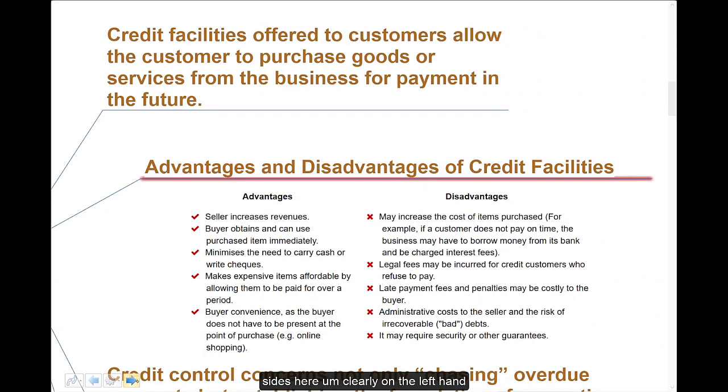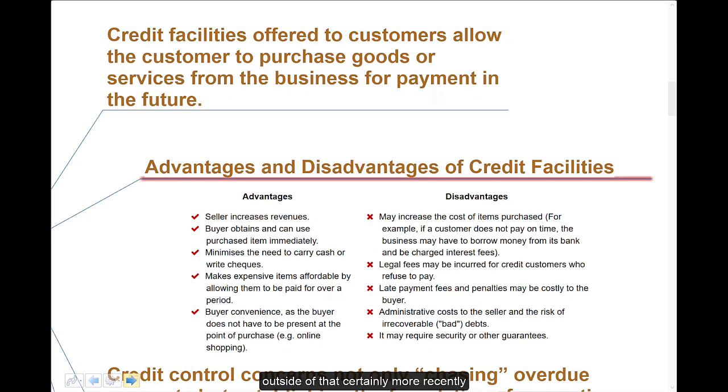Clearly on the left-hand side, if we focus on the advantages, offering credit is highly likely to increase sales. The buyers will more than likely buy more. It minimizes the need to pay now, to carry cash, or indeed to make payment. And certainly it makes perhaps more expensive items, point number 4, more affordable. Maybe we're offering credit terms over a period of time.